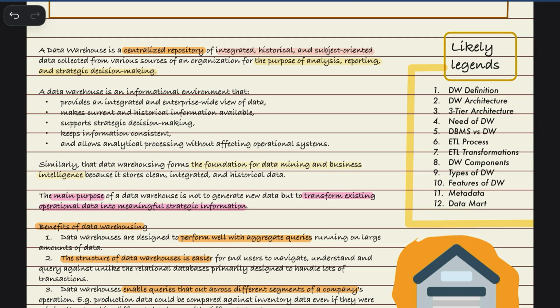Okay, it is an informational environment which does what? It provides an integrated and enterprise view of data, makes current and historical information available, supports strategic decision making, okay, and also keeps the information consistent. There is consistent information, there is no lagging in between, and it allows analytical processing without affecting the operational system.